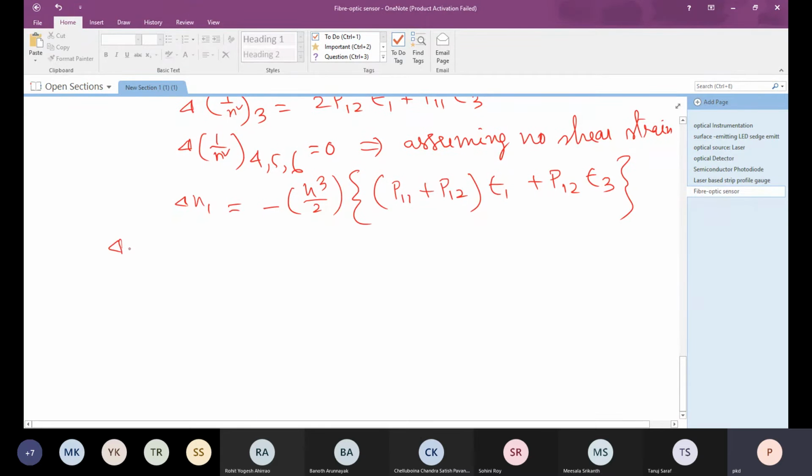So delta phi, therefore, the phase change, delta phi equal to twice pi, then n into L divided by lambda.